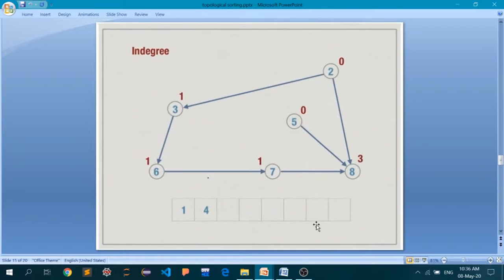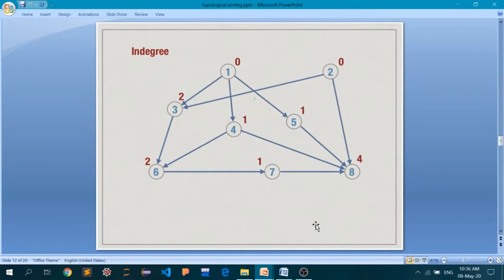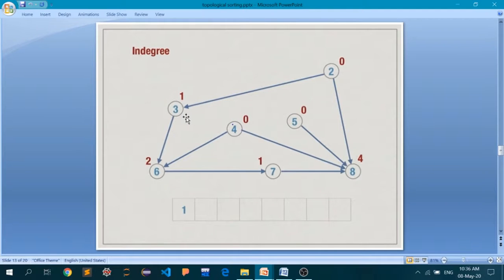Okay, so what we have done here is, let's suppose this particular vertex 3 has an in-degree of 2 initially, and when I have deleted this particular vertex, in the adjacency matrix you will see that the data point a j comma k is equal to 1 because there is a valid edge coming from 1 to 3. Then in the next step, when I recalculate the in-degree, I will decrement the in-degree by 1.